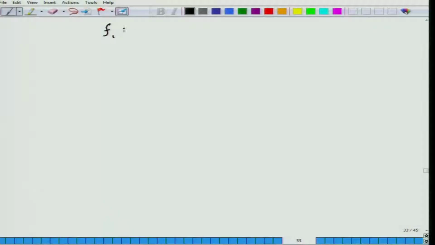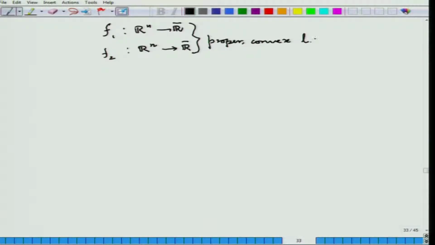Now, if you have two functions f 1 and f 2, proper, convex, and we will add a little bit of thing: lower semi continuous, LSC.